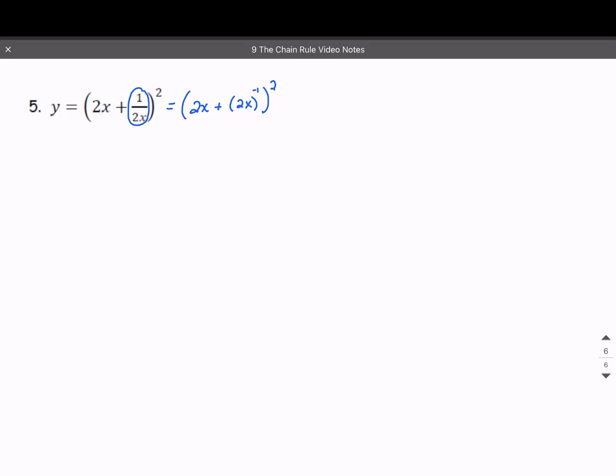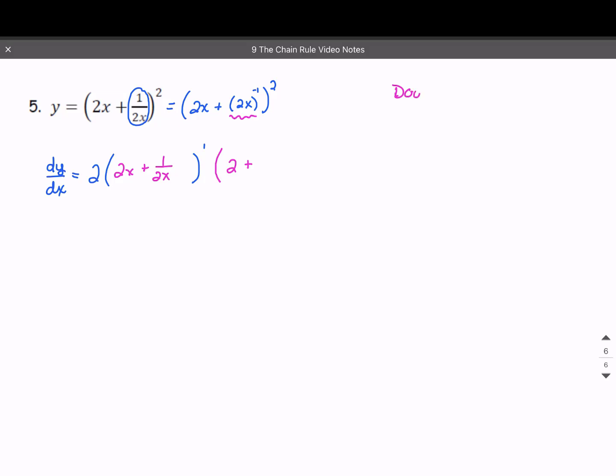So the derivative of our y is dy dx. Our outside function is squaring, so we're going to bring down the 2. We're going to keep the inside, and the new exponent is 1. I'm even going to write the inside the original way. Okay, it doesn't matter which way you write it. Times. Now the derivative of 2x is 2. Plus. Now this derivative has an outside and an inside.